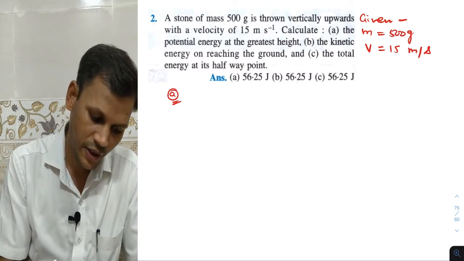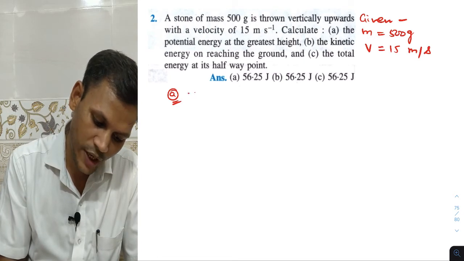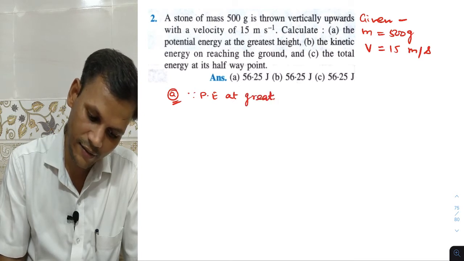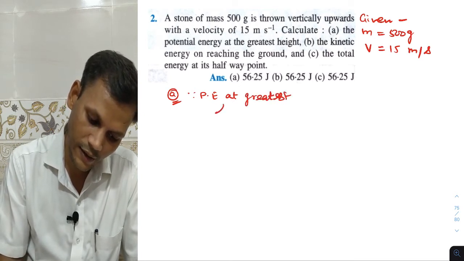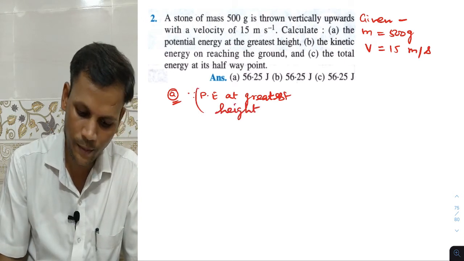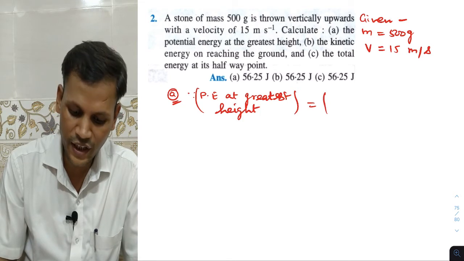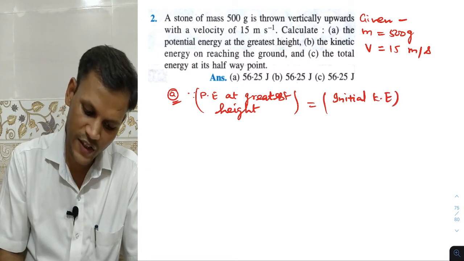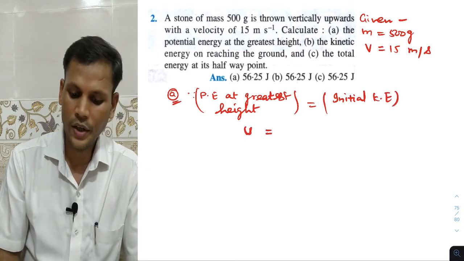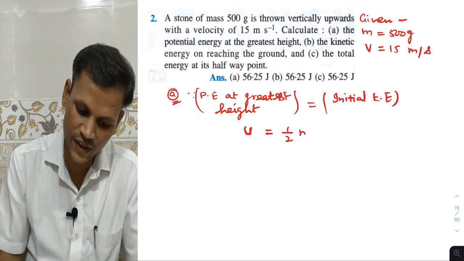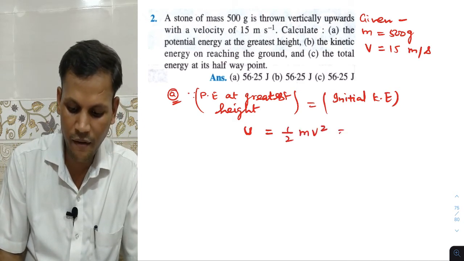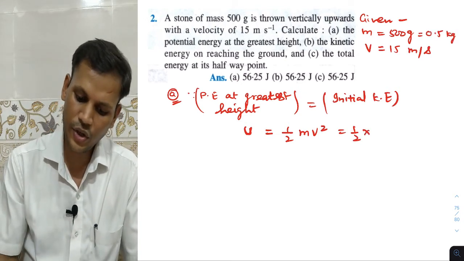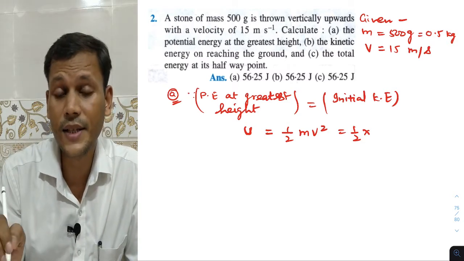So we can write, since potential energy at greatest height will be equal to initial kinetic energy, and potential energy is represented by U, U will be equal to half mv square. So it will be half, m is 500 gram, which can be written as 0.5 kg, because we have to take everything in the MKS system.